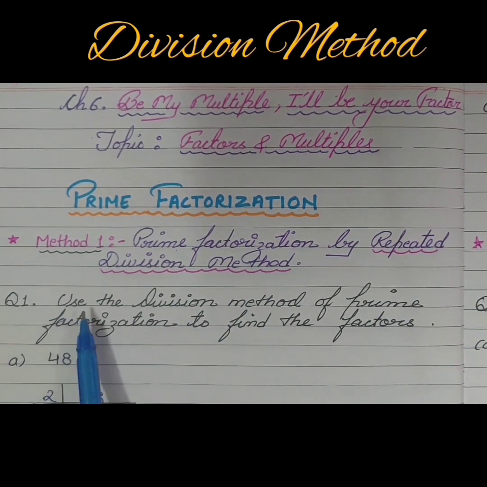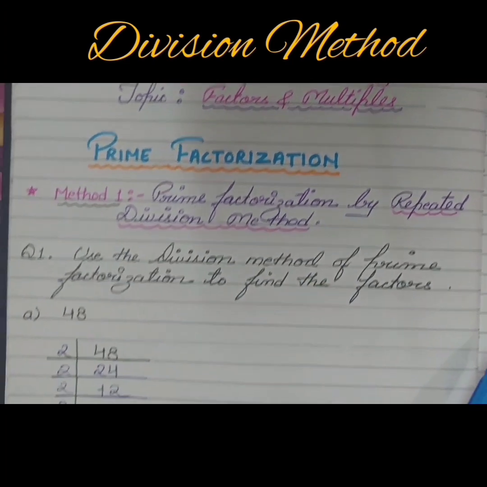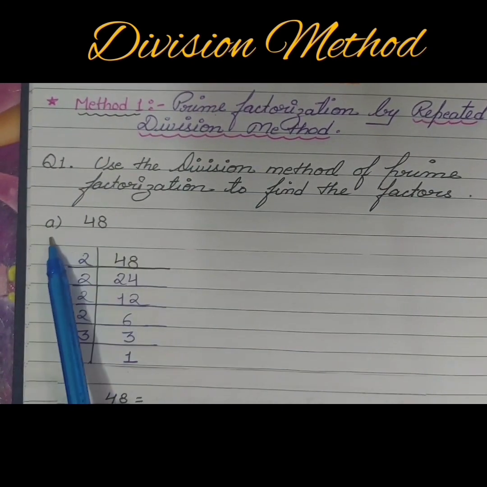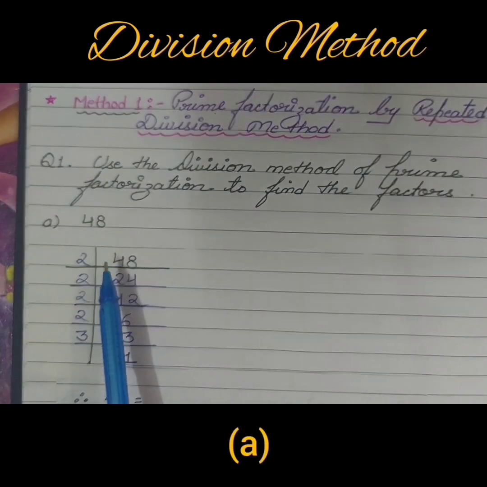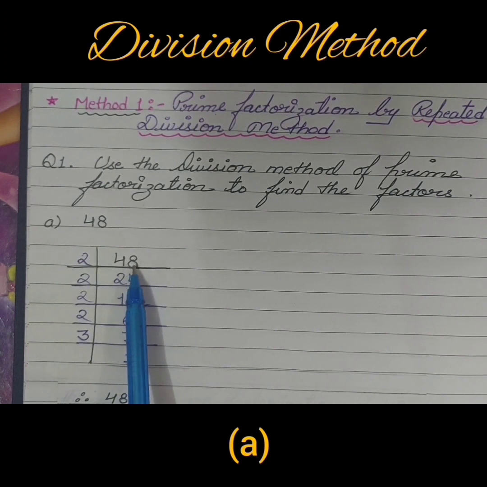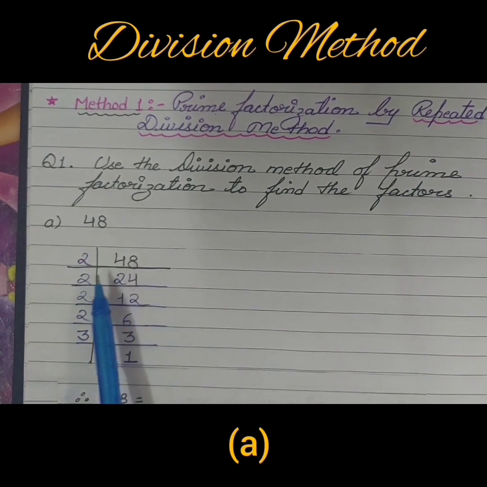Question number 1. Use the division method of prime factorization to find the factors. A part, 48. Now 48 is an even number, so divide 48 by 2, we will get 24.